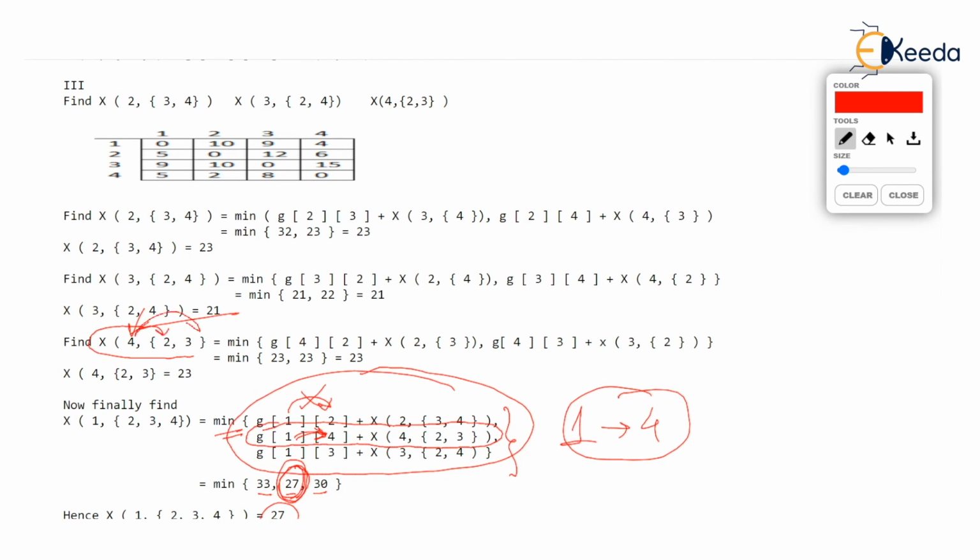Then out of the two possibilities over here, you watch, both possibilities were minimum, isn't it? 23. So you can either go from 4 to 2 or you can go from 4 to 3. It makes no difference. So I will go from 4 to 3. And once we are at 1, 4, 3, there is only one vertex, 2, remaining because the last vertex is 1. So 1, 4, 3, 2, 1 is the tour which will give you this cost of 27.